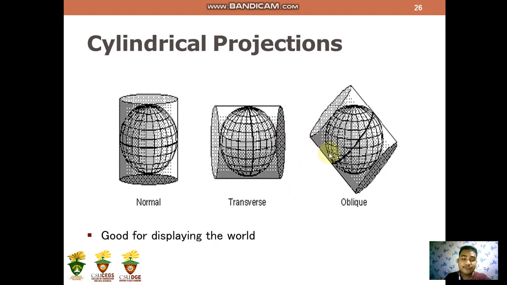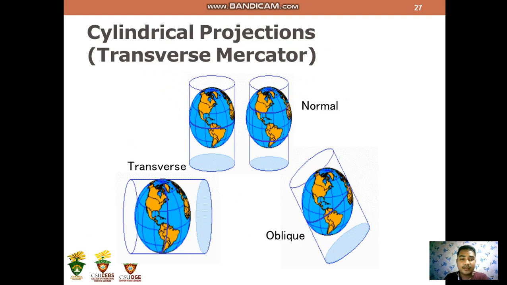And for cylindrical projections, we have different aspects, which are the normal, transverse, and oblique. Cylindrical projections are good for displaying the world. Another example for cylindrical is the transverse Mercator. For the normal aspect, you put the globe inside and just wrap the cylinder around the globe.